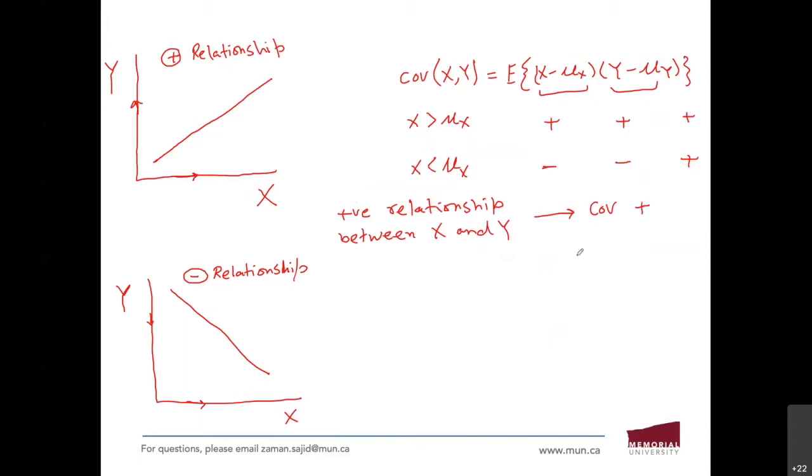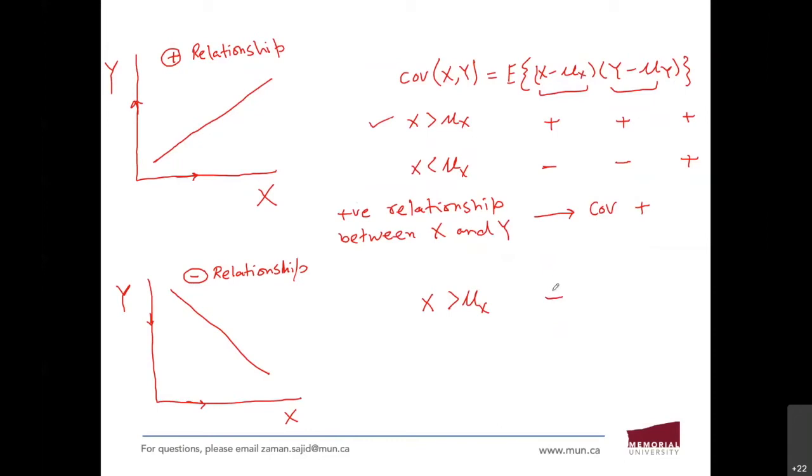Now let's come back to the second scenario where we have the negative relationships. I'm going to take the same here. I will say that x is greater than mu of x, just like we were doing here. Again, I will get a positive number.